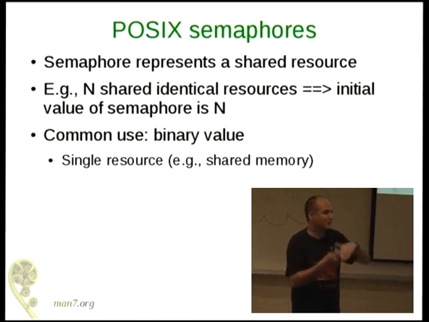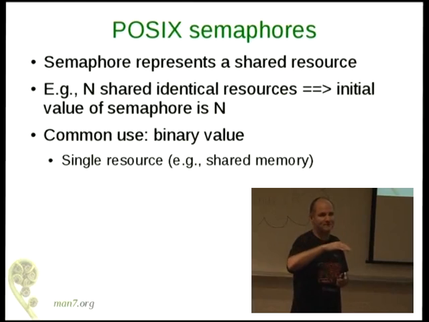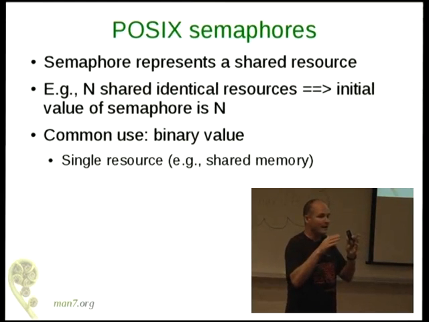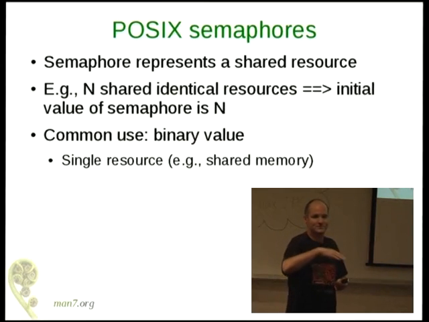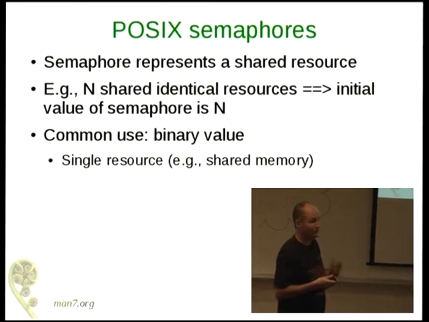If you're sharing 5 buffers between processes, your semaphore's initial value might be 5, and then you decrease it as those buffers are allocated out to processes. And if they're all allocated out, the semaphore's value becomes 0, and no one else can allocate a buffer until one of the processes releases the semaphore, increasing its value.